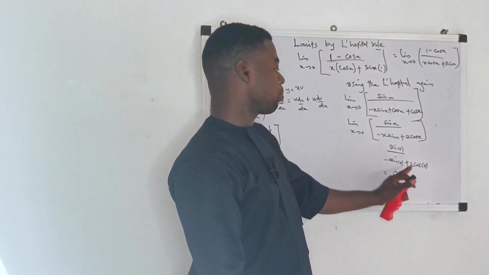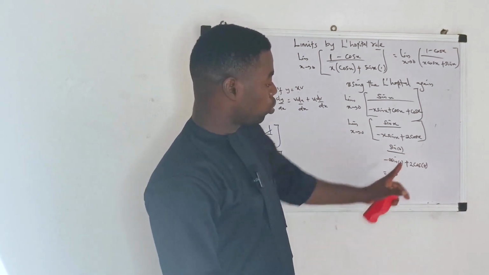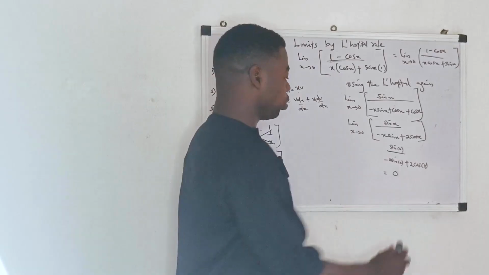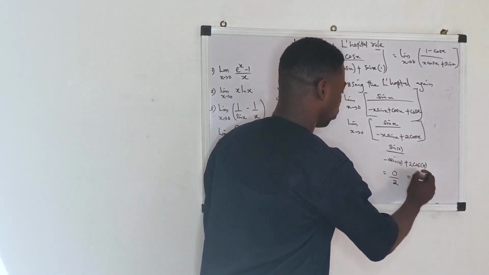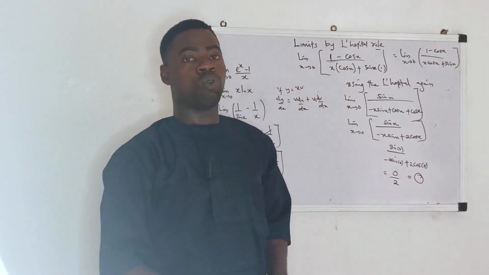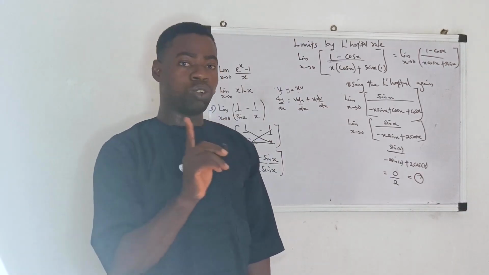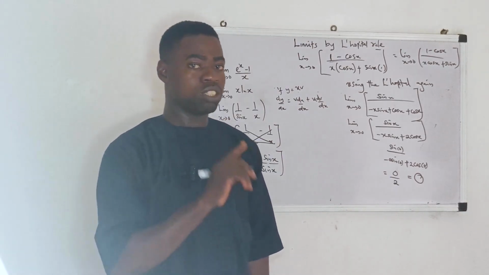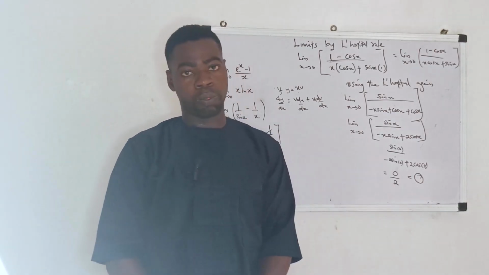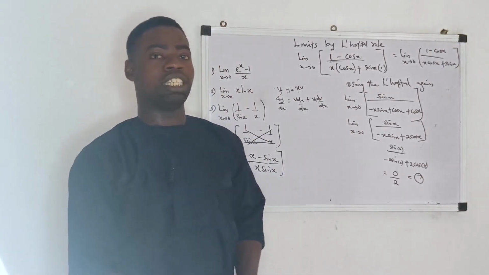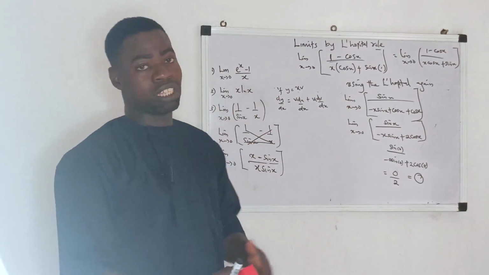So this is 0 plus 2 cos 0. Cos of 0 is equal to 1. So 2 times 1 will give me 2. So this is 0 divided by 2. And this is equal to 0. Once you divide 0 by any number other than 0, then your result is actually 0. So 0 divided by 2 is equal to 0. And that is what it looks like by evaluating with the L'Hopital rule.